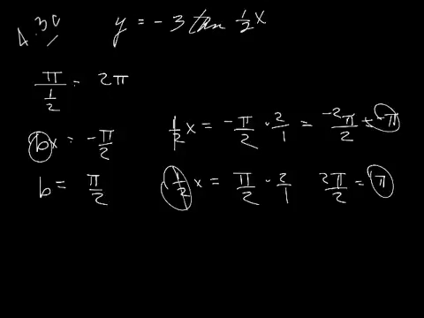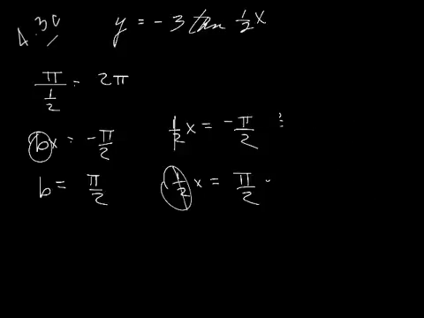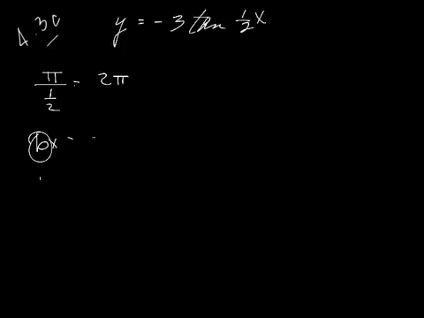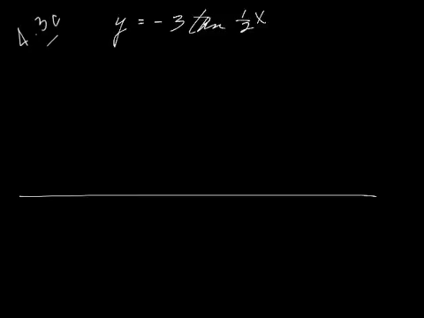I'm going to erase all this so that we can start drawing our graph, because that's pretty much where we're at this point. So I know my period is 2 pi, and I know my adjacent asymptotes, the ones that are next to each other, are going to be, I'm just going to draw a real quick graph here, at -pi and +pi.